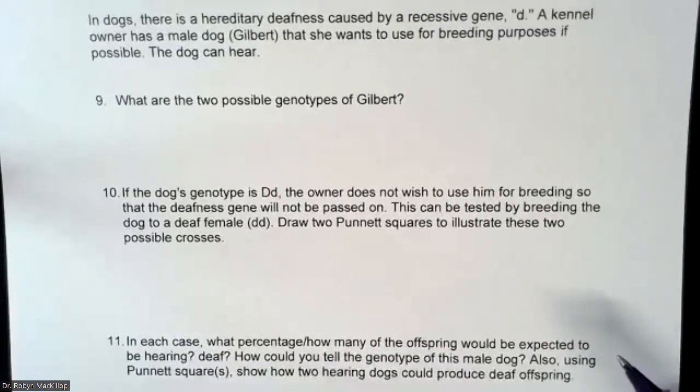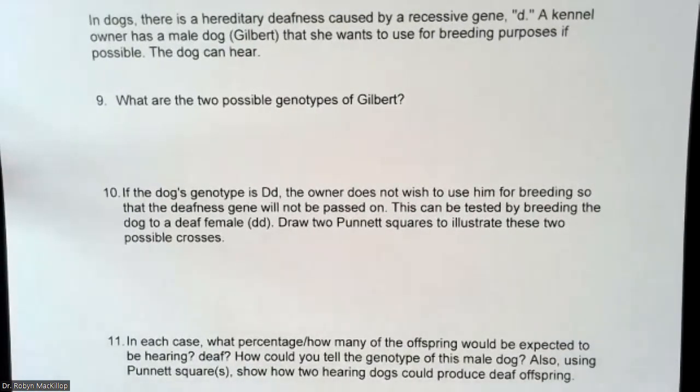If you've got a piece of paper, try these and then tell me when you're ready and we'll go over them.